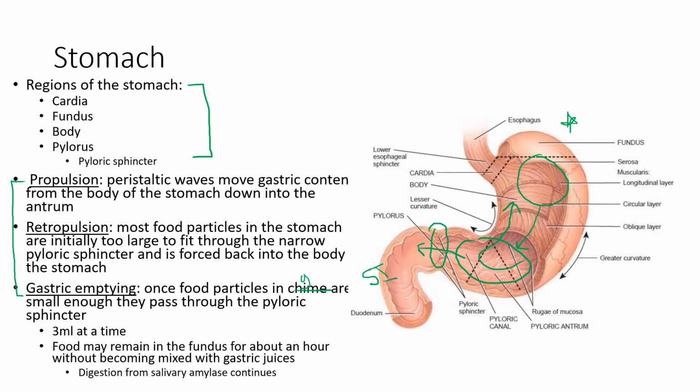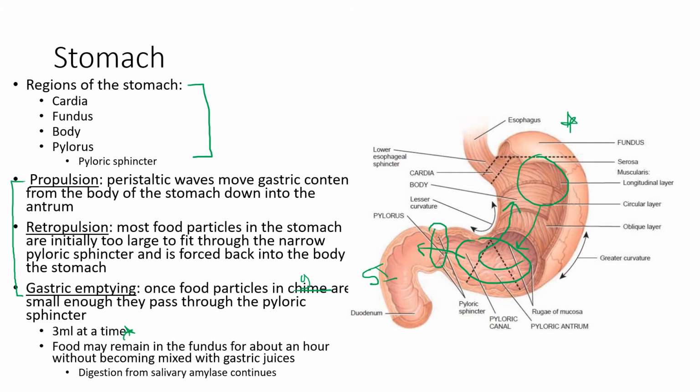It will empty 3 milliliters at a time, roughly, and food may remain in the fundus for about an hour without becoming mixed with gastric juices. So this does take quite a long time, a few hours, in order to make food small enough that it can be passed into the small intestine.